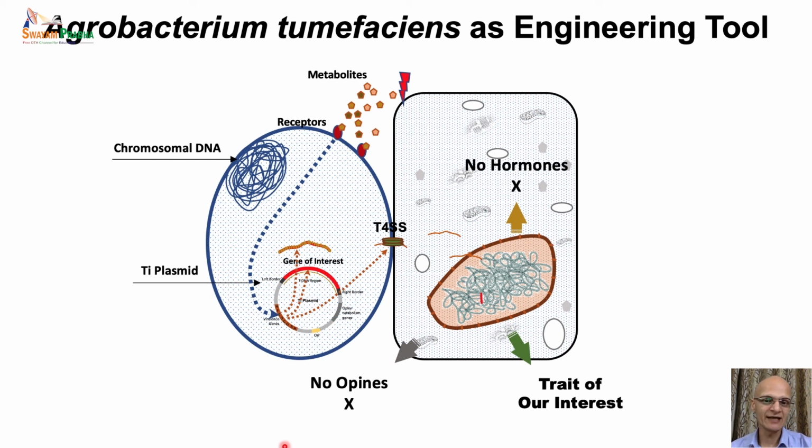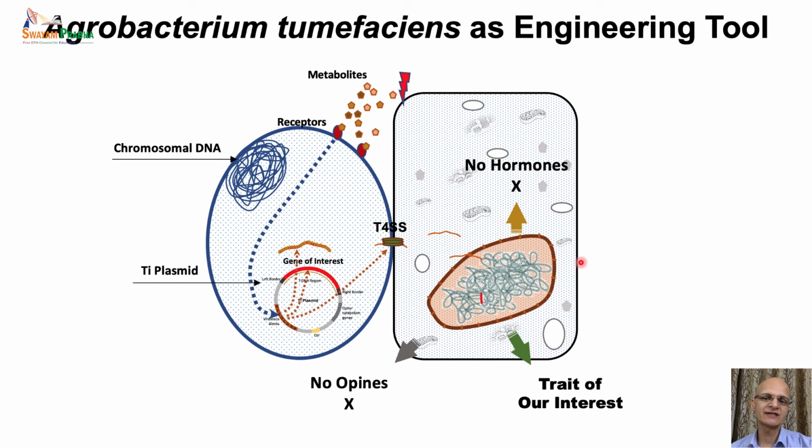So basically, we are using the natural capacity of the Agrobacterium for plant transformation to transfer the genes of our interest to plant genomes. Once the cells have been transformed, they are stimulated to divide on the in vitro culture medium, and for this purpose we use the auxin or cytokinin hormones, but in a more regulated way.